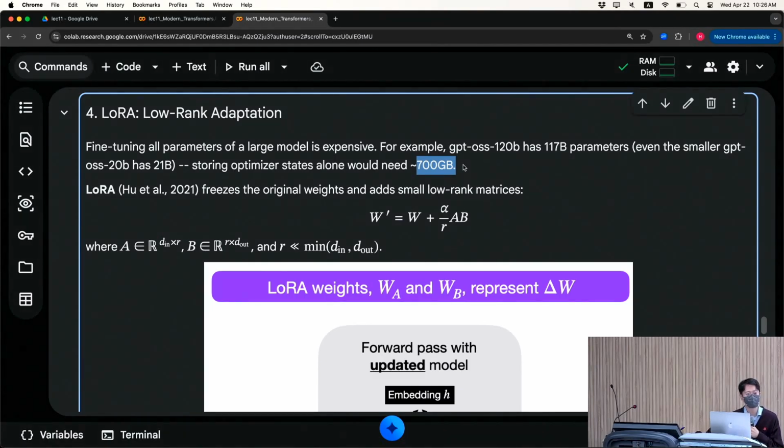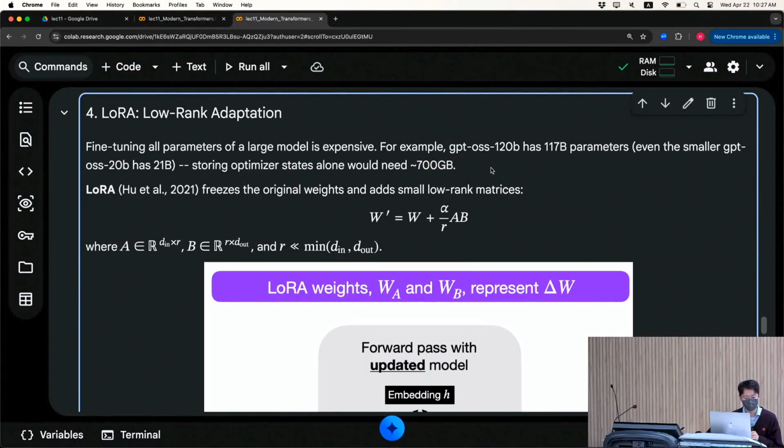For moderate ones, like the Ada 6000 GPU, I think it has 24 gigabytes or something like this. So this does not fit in a single GPU. So you need multiple GPUs, lots of them, to train these models. And you need to worry about communicating between GPUs and all these things, and different machines as well.